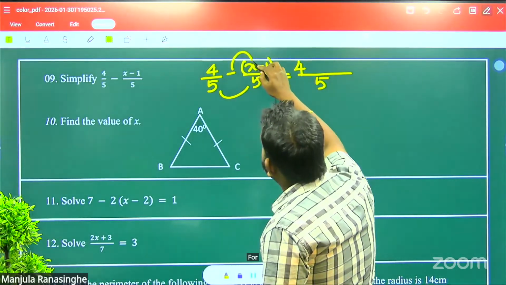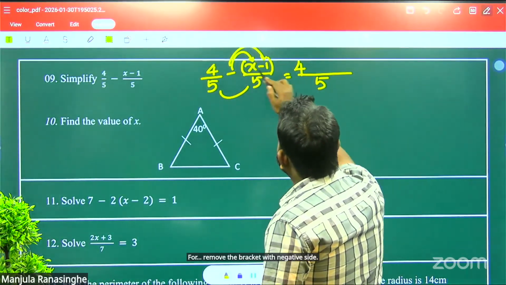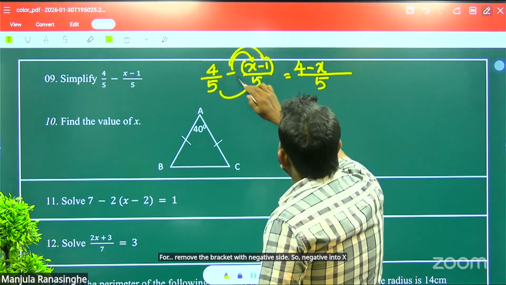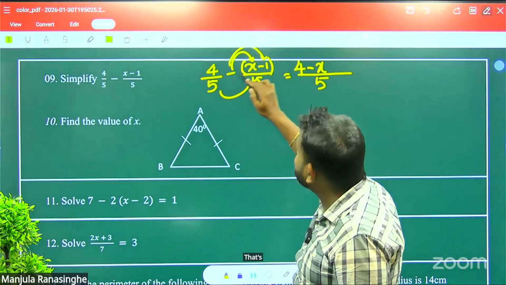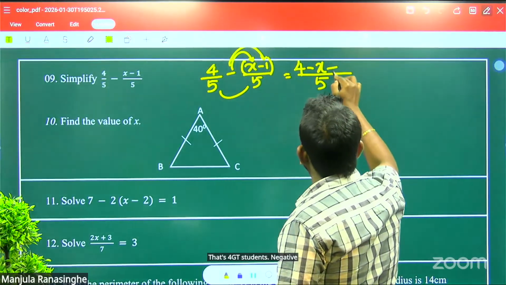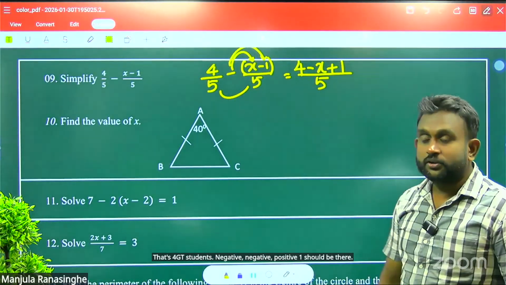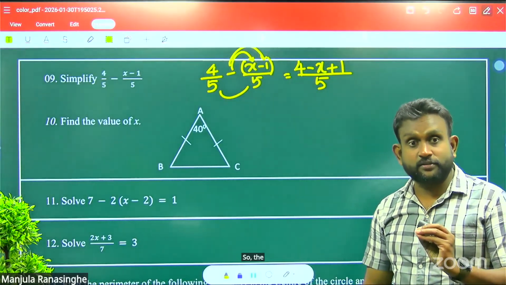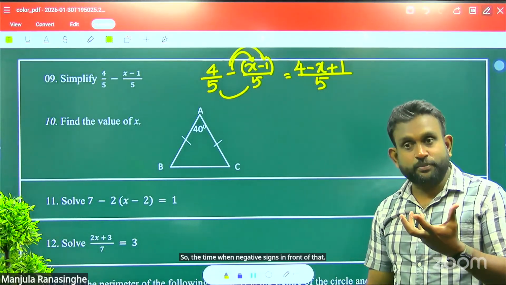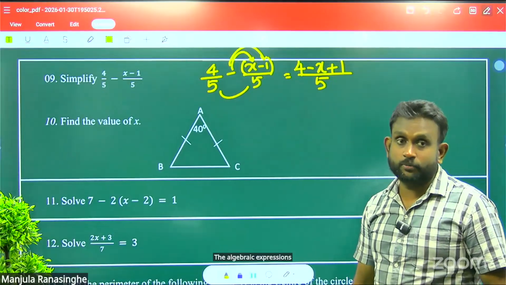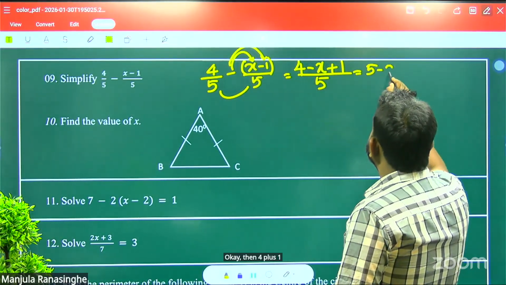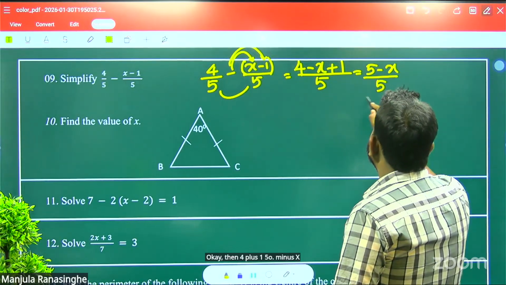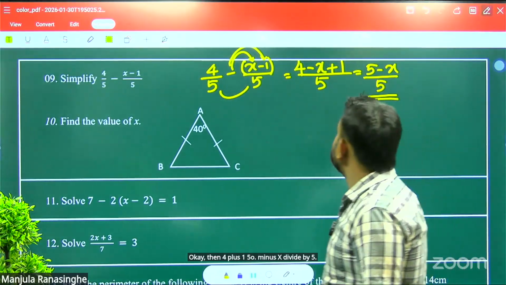Remove the bracket with negative side. So negative into x, negative into negative. That's what students forget. Negative, negative, positive 1 should be there. So all the time when negative signs in front of the algebraic expressions, keep a bracket and remove them. Okay, then 4 plus 1, 5 minus x divided by 5. 5 minus x divided by 5.